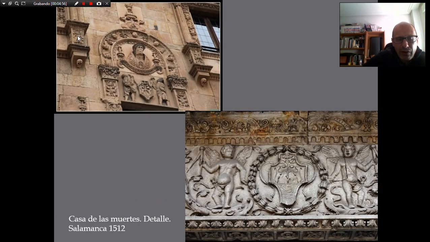Look at this, for example, this part of the pilaster, this is a pilaster, this is another pilaster, are decorated. The shaft is decorated, and that's one of the symbols of plateresque architecture. In this house was living an architect. Juan de Álava is the name of the architect and probably the constructor of this house.